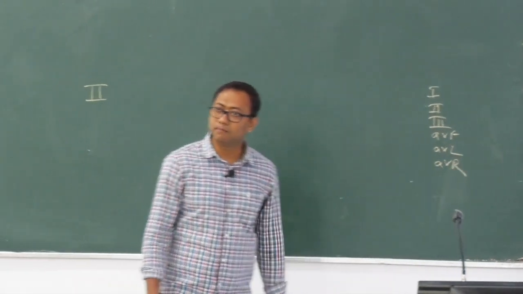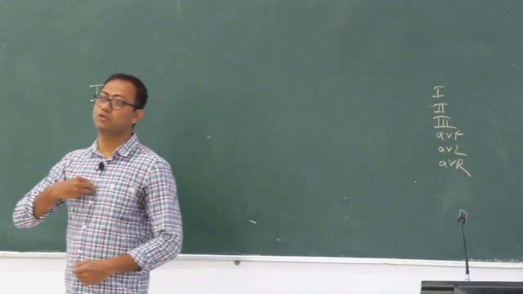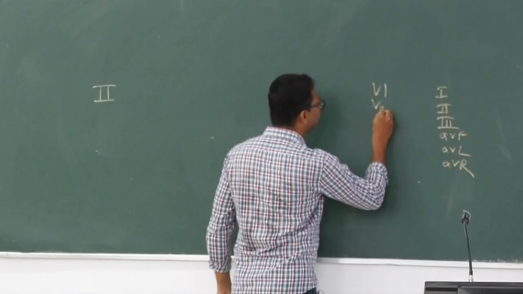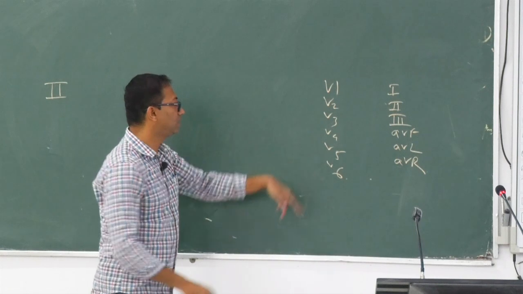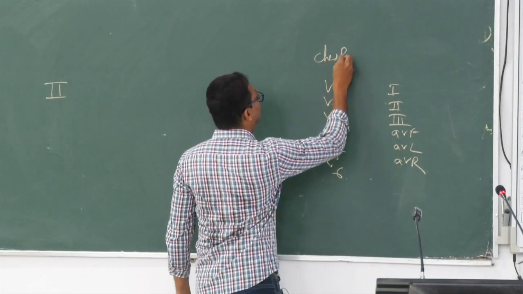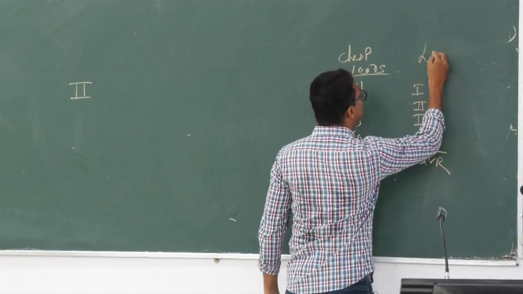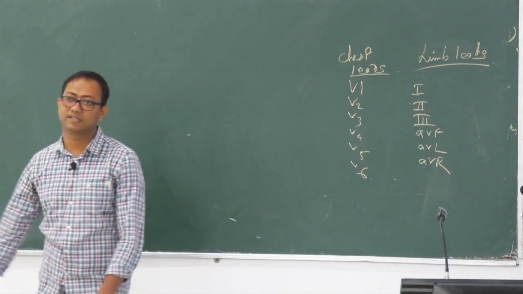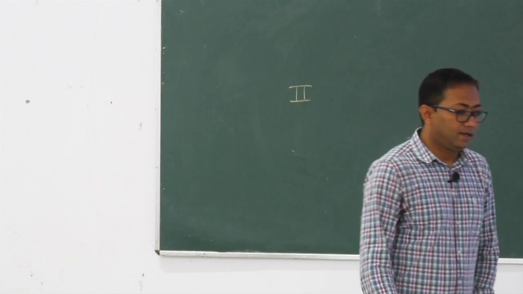These are called limb leads, and we have chest leads, which are put over the chest wall, V1 to V6. So, six limb leads and six chest leads.